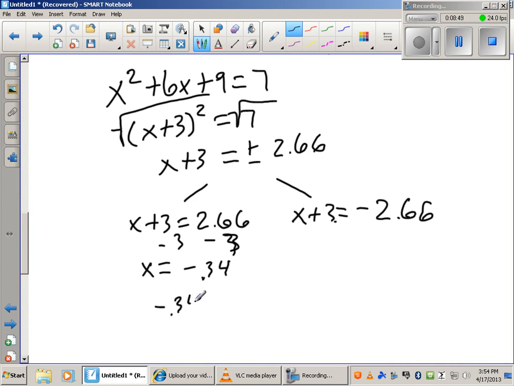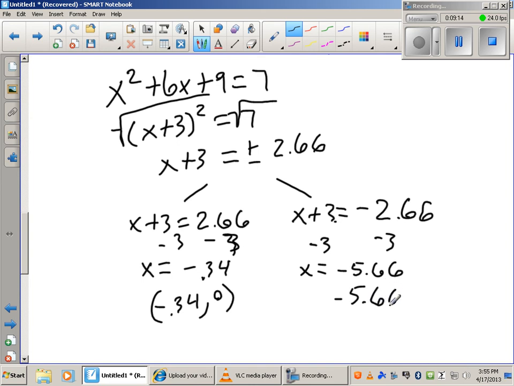And over here we subtract the 3, and we get x equals negative 5.66. So our coordinate point is negative 5.66, comma 0. And that is it. We have just solved that particular quadratic equation by completing the square.